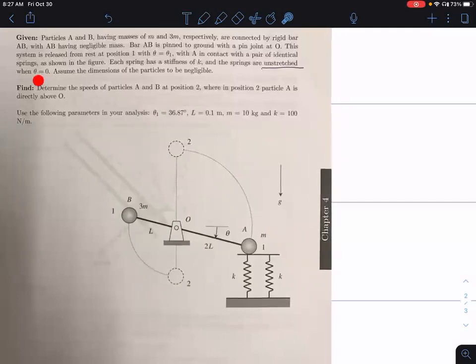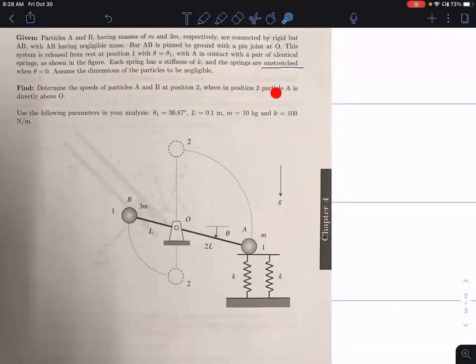That means when this bar is totally horizontal, there's no contact between the ball and the spring, and the spring is unstretched. So assume the dimension of the particle is negligible. We're trying to find the speed of A and B at position 2.